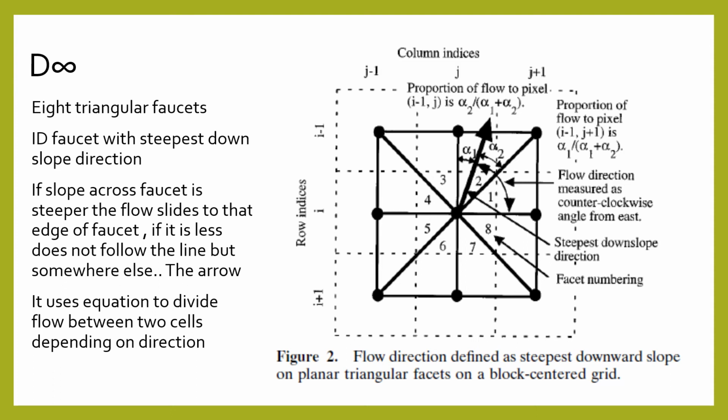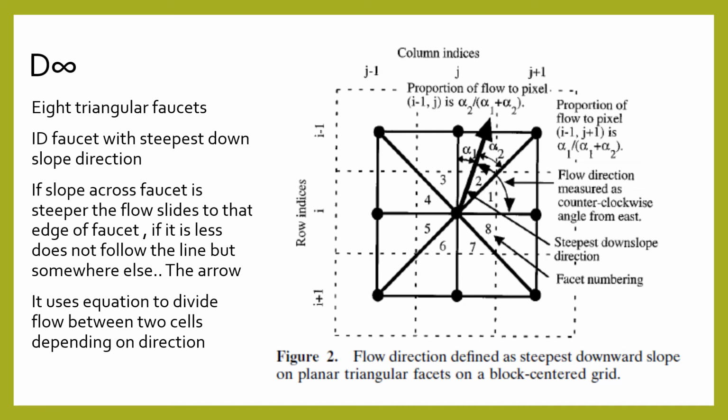Once you figure out that, it looks at the across plane slope. And it has some rules for how it works, but long story short, what happens is, if it is sufficiently steep from side to side, it will steer all the flow into one of those 2 endpoints at the base of the triangle.